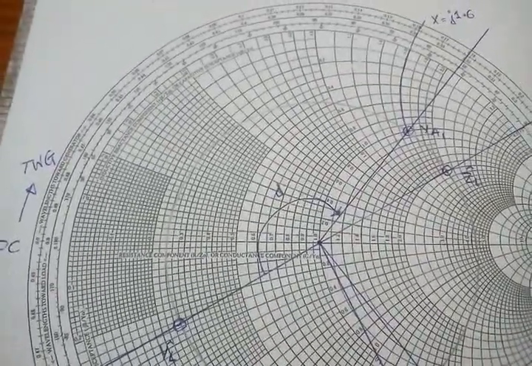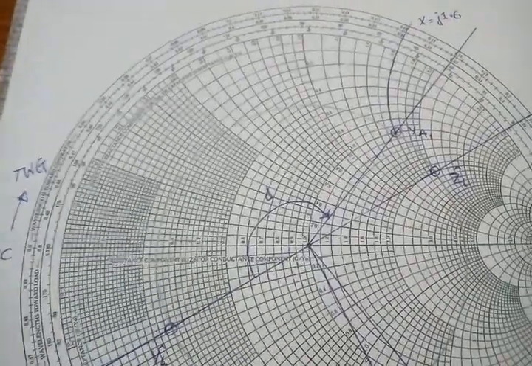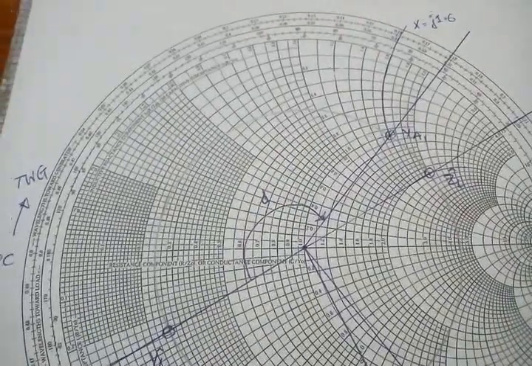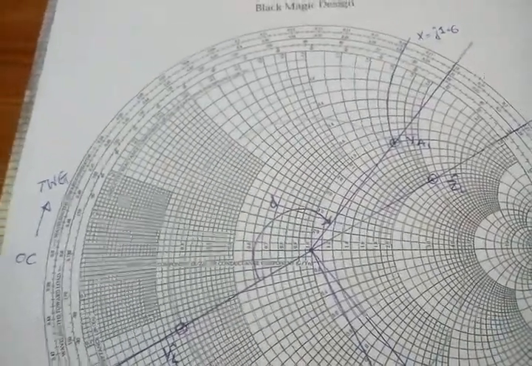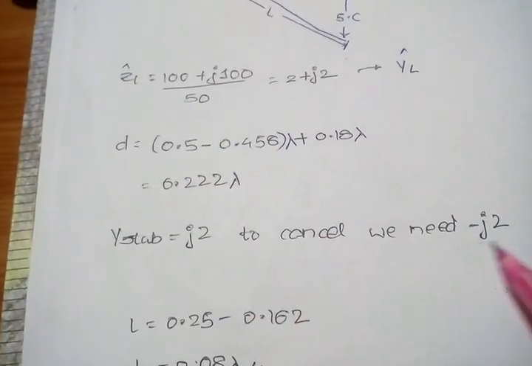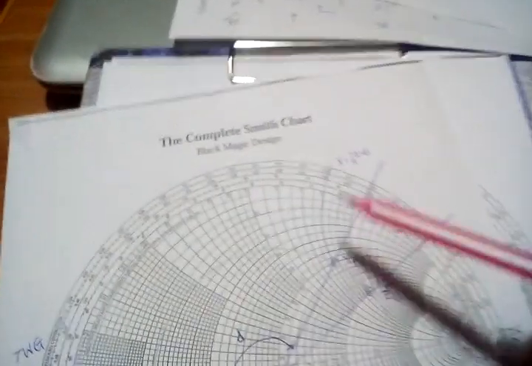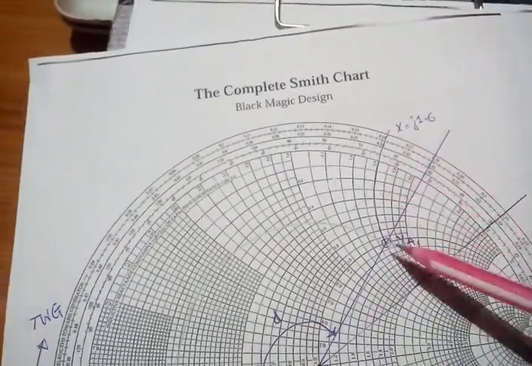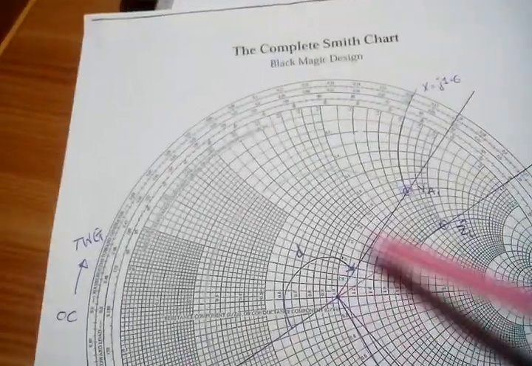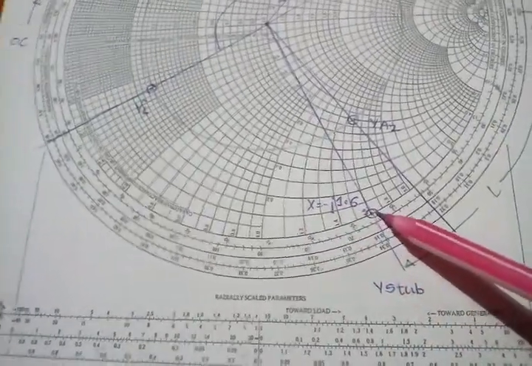I have calculated the distance, the nearest value should be the distance, and then I have marked this value, and then I have seen what reactance I get at the input of a stub here. As j1.6 has to be cancelled, I have marked first j minus 1.6.